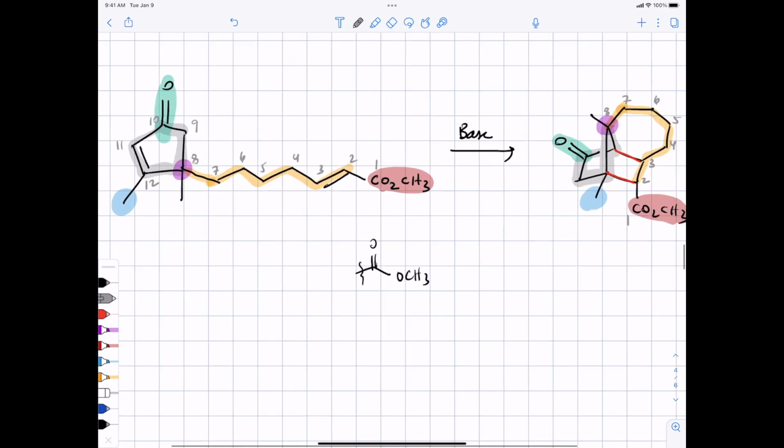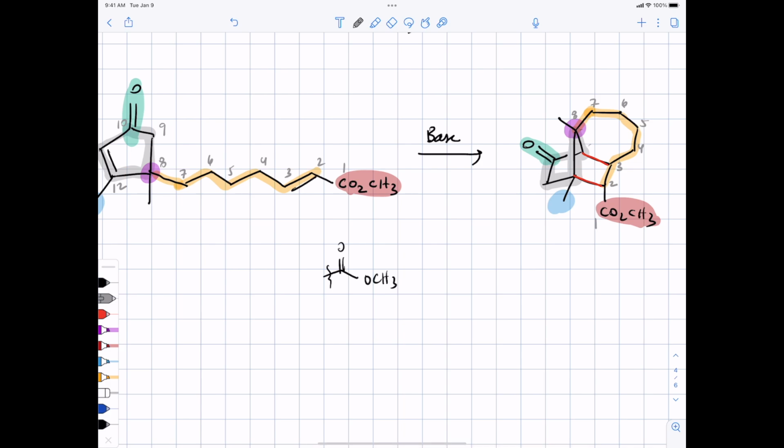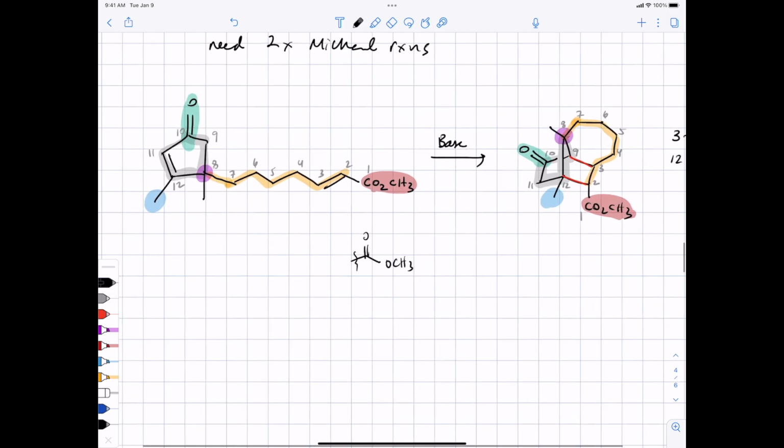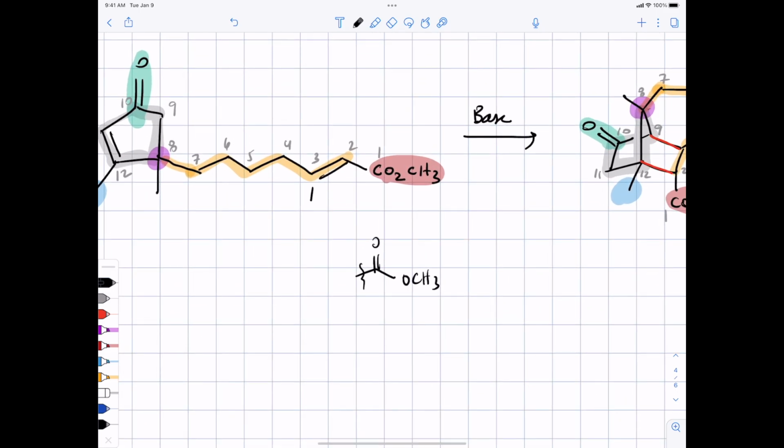Let's now number them here, 8, 9, 10, 11, 12. The bonds that we've made are between 3 and 9 and between 12 and 2. Now, look at our starting material. 3 is a beta carbon.